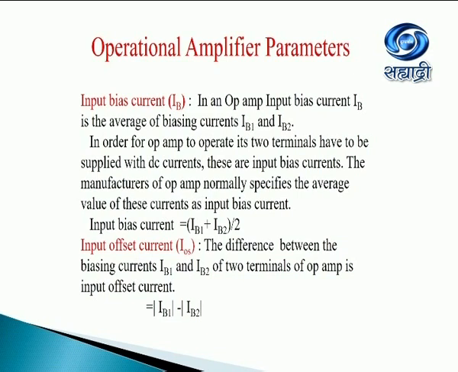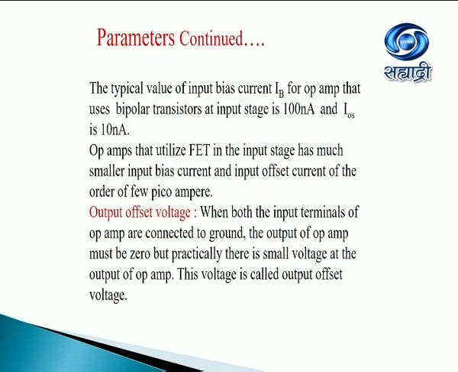Input offset current. The difference between the biasing currents IB1 and IB2 of the two terminals of the op-amp is the input offset current, IB1 minus IB2.